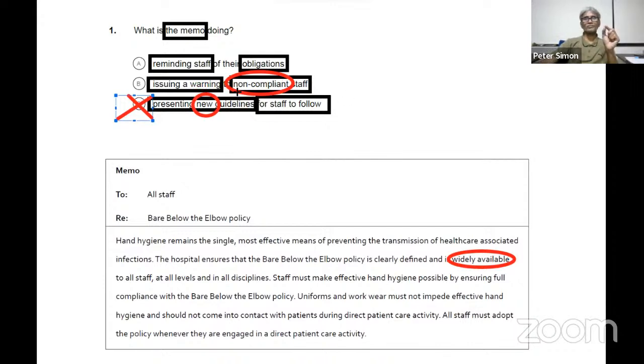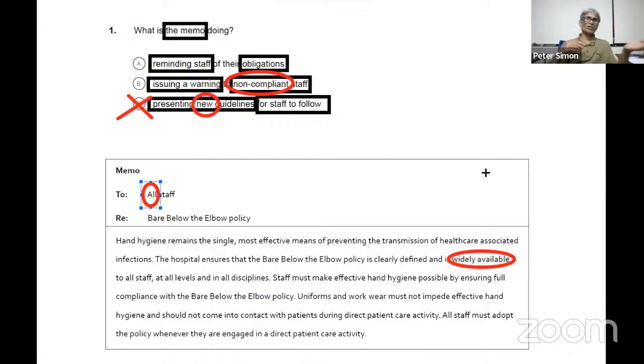Issuing a warning to non-compliant staff. Is it non-compliant staff only? No, it is all staff. This is not only to non-compliant. Then here he should take to non-compliant staff. But here he's telling all staff, no exclusion. That means it includes non-compliant and compliant.